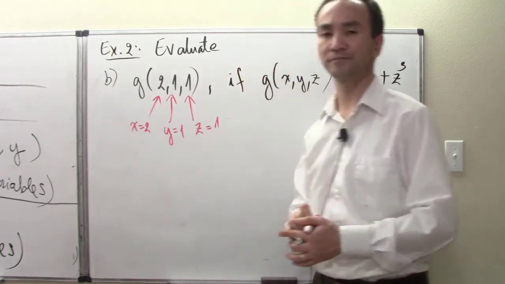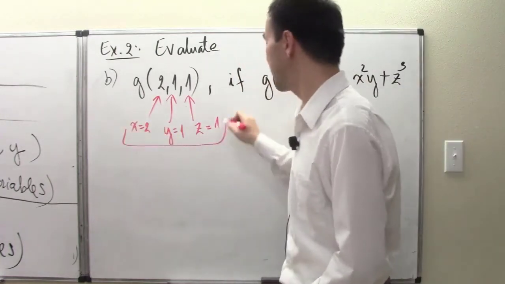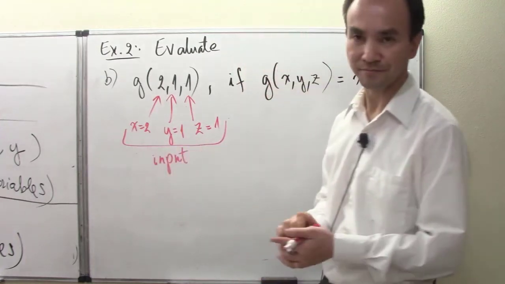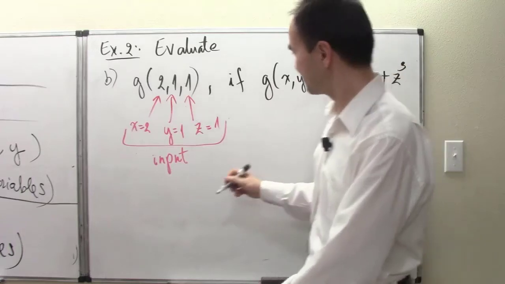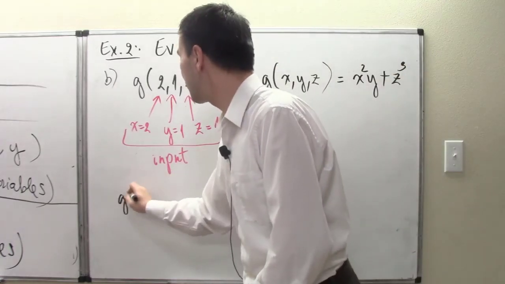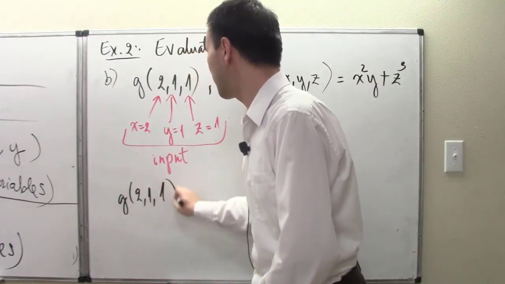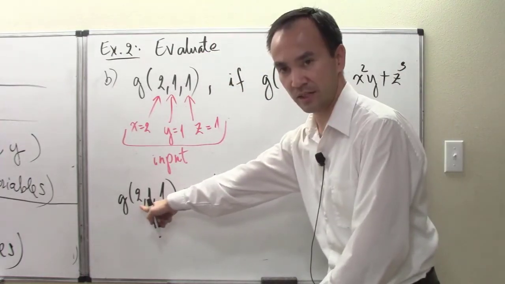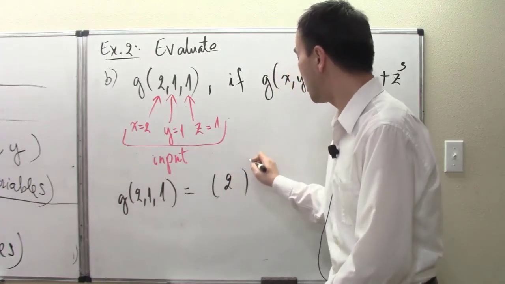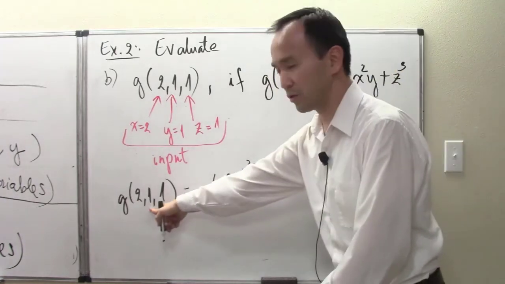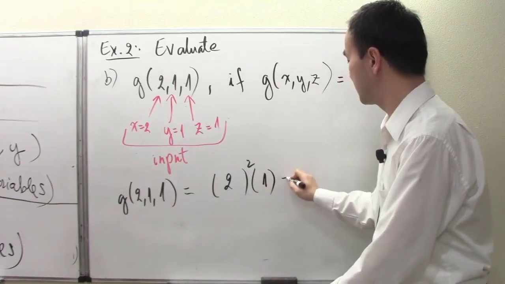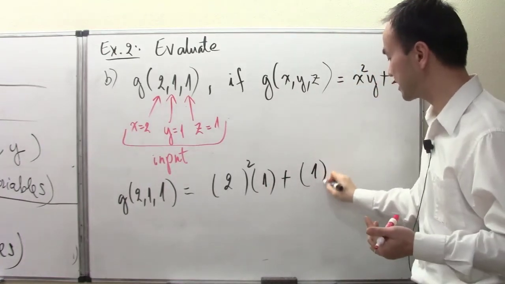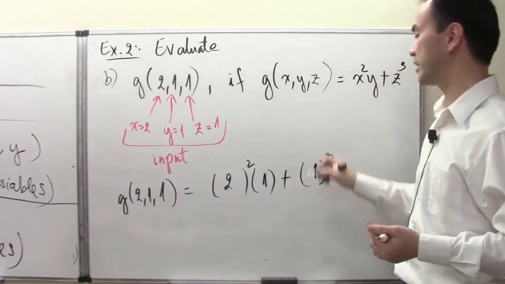Together, the whole triplet is 1 input. So g of 2, 1, 1 equals 2 all squared times 1, plus 1 cubed.